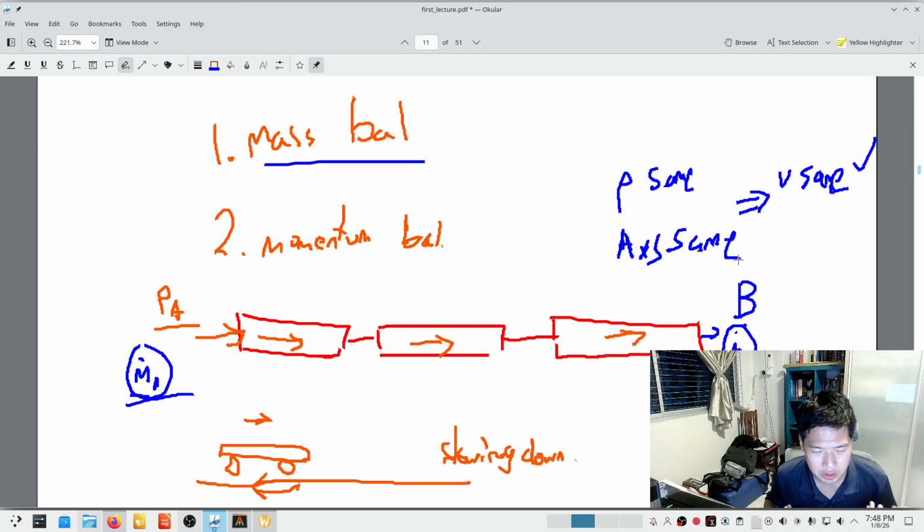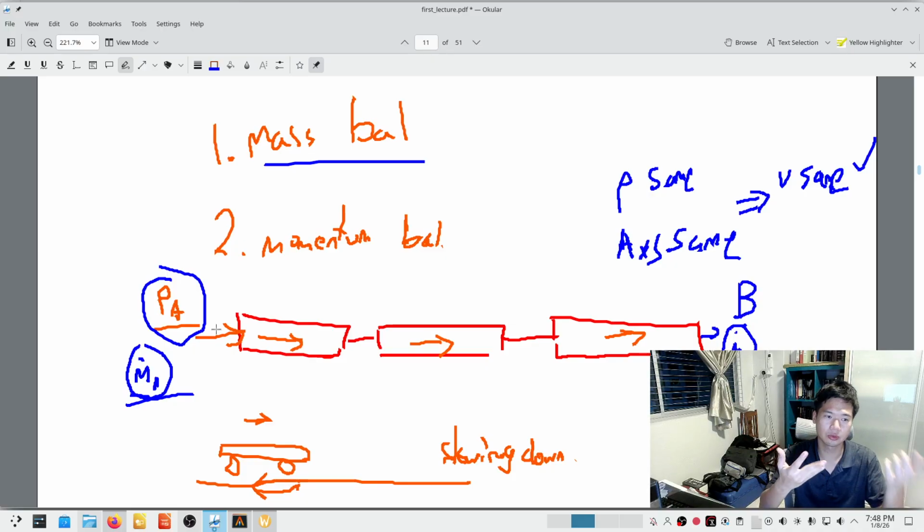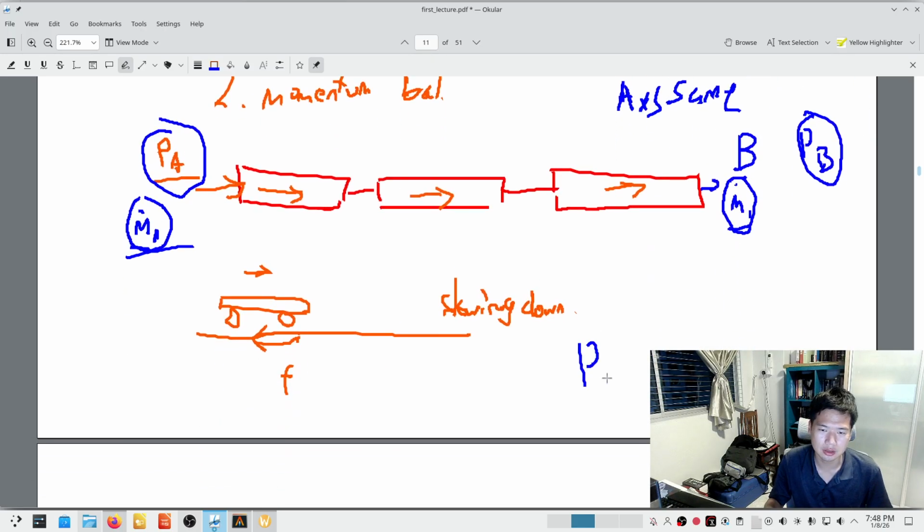So where does the energy actually drop out? It drops out by reducing the pressure. The energy is lost through this pressure right here, this PA. So when the fluid flows out at PB, the pressure is somewhat less than PA.